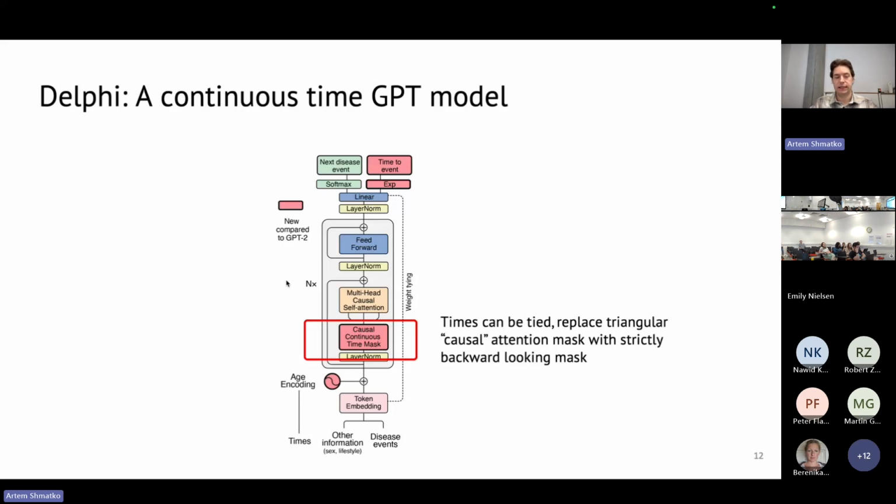We modify it in a way that it accounts for ties, because again, in a normal transformer, the tokens are strictly ordered, so you have one after another, but in our medical information, we can have events occurring at the very same time. And you want to mask these ties from each other to prevent the information leak.